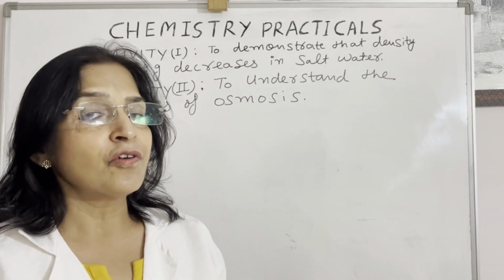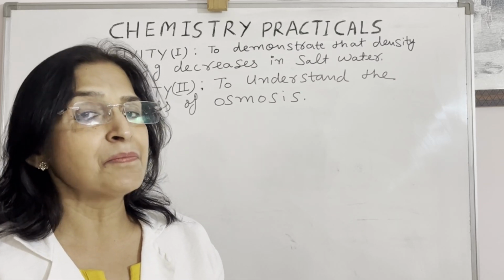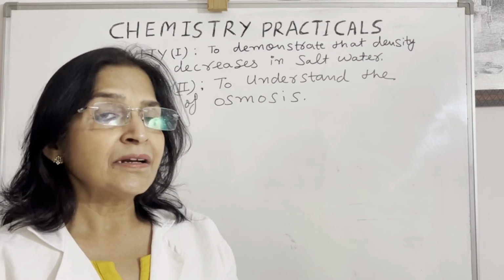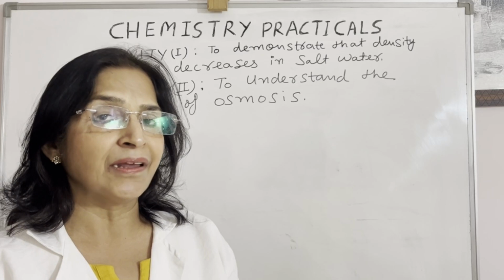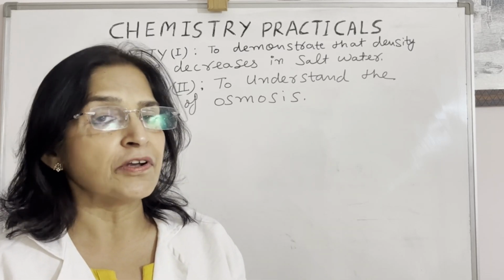And the flow of solvent molecules is not taking place indefinitely through the semi-permeable membrane. After some time, an equilibrium is attained. Means the tendency of water molecules to enter through semi-permeable membrane is balanced by the hydrostatic pressure of the liquid column.